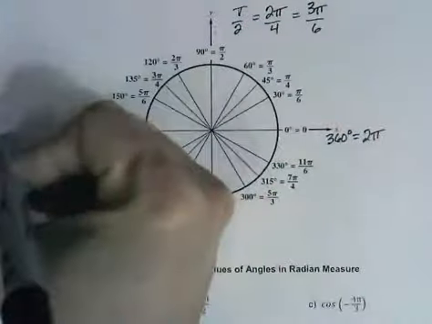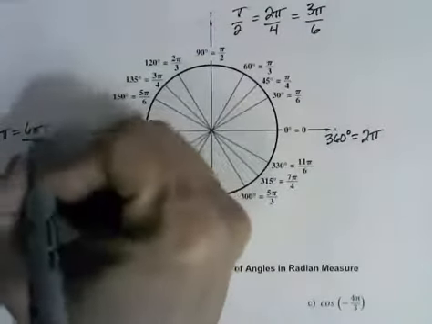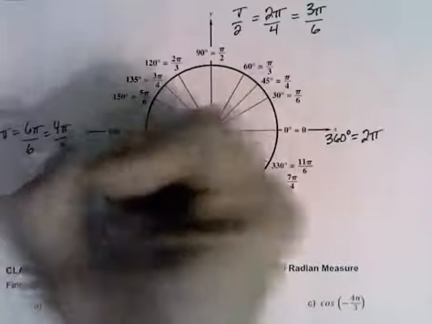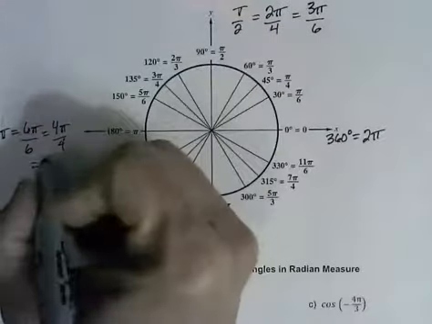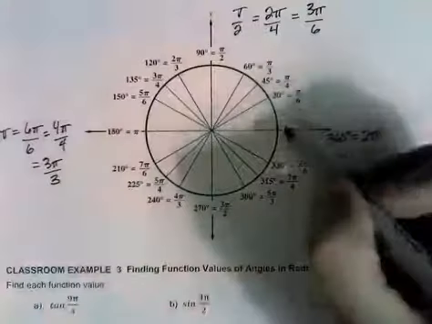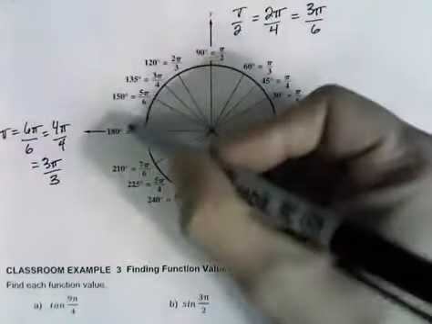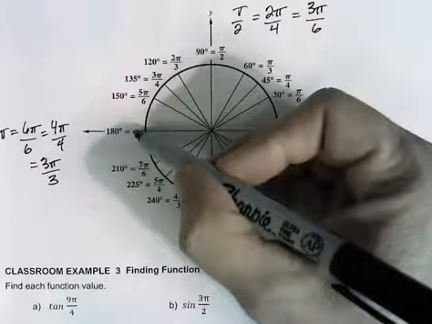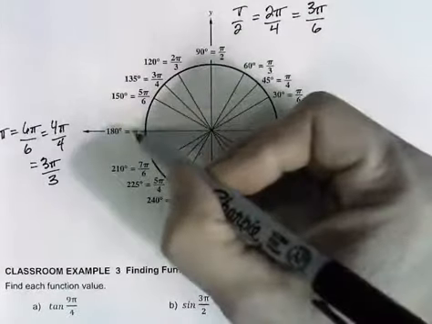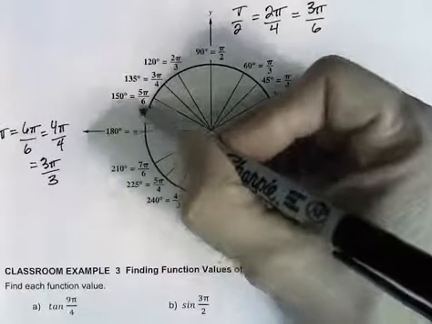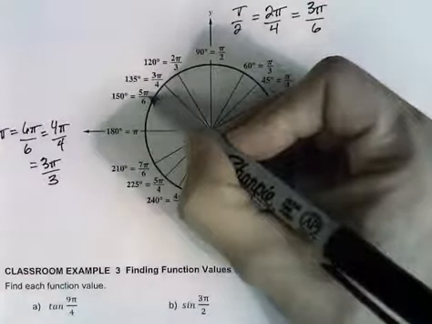Pi would be the same as 6 pi over 6, would be the same as 4 pi over 4, would also be the same as 3 pi over 3. So for example, if we wanted to come all the way around to pi radians and then back up by pi over 6, then we'd be thinking of the pi as 6 pi over 6, and if we subtract pi over 6, that would get us back to 5 pi over 6.